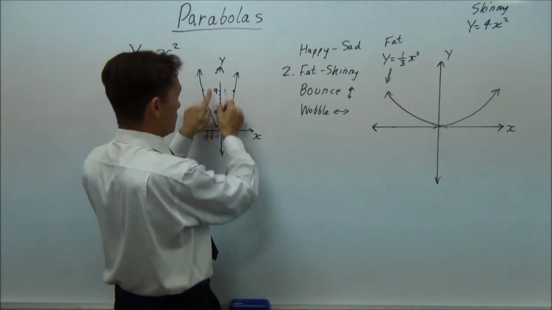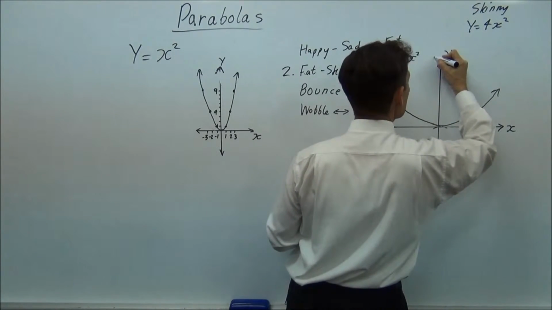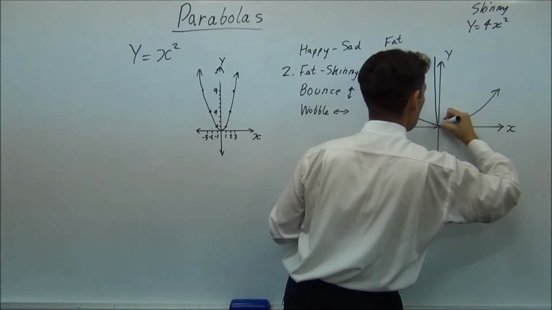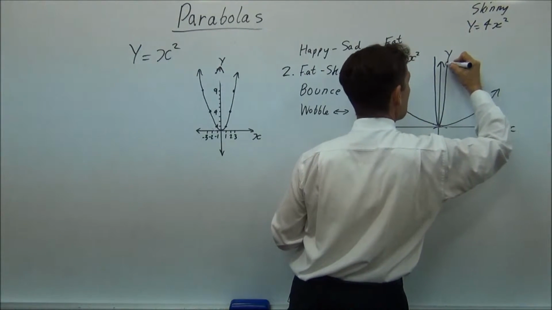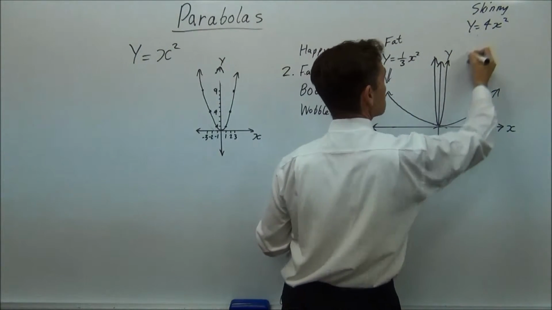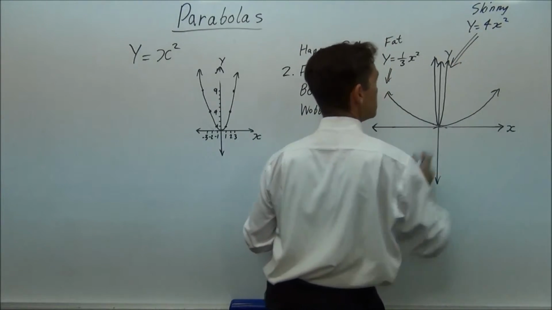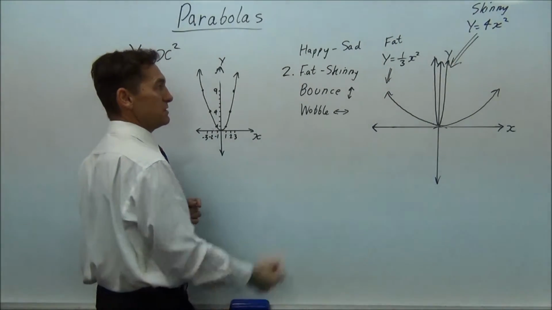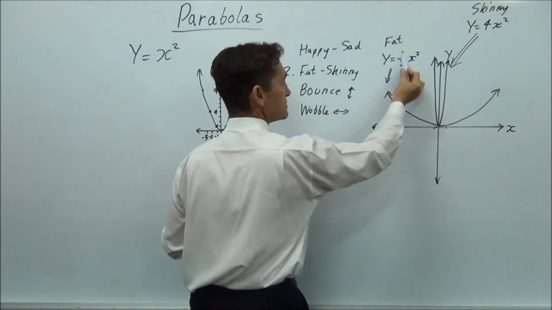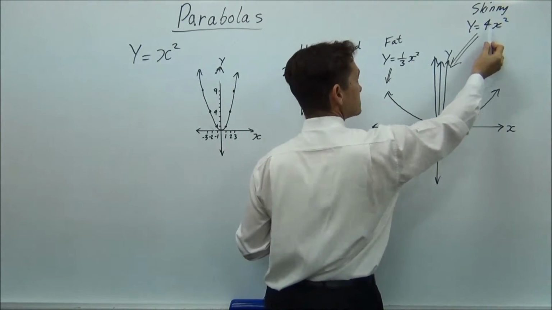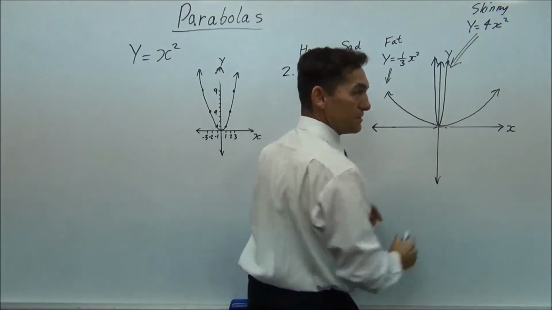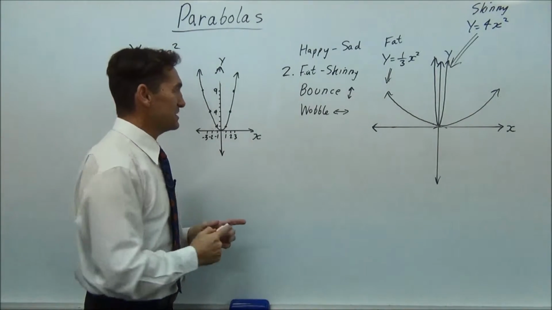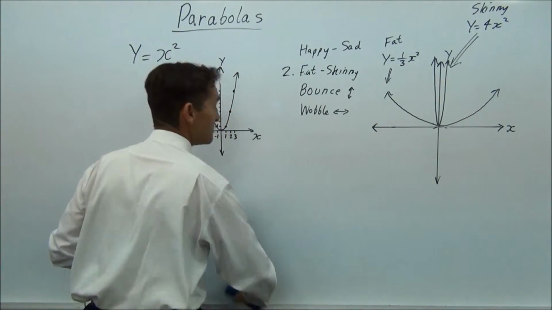So it'll virtually almost look like a V. So it'll go more like that. So it's very skinny. All right, so it goes like that. So that is skinny. There you go, fat, skinny. So fat ones, small number, skinny ones, big, tall number. Got that? Let's go to the next one. So I'll rub out fat and skinny.